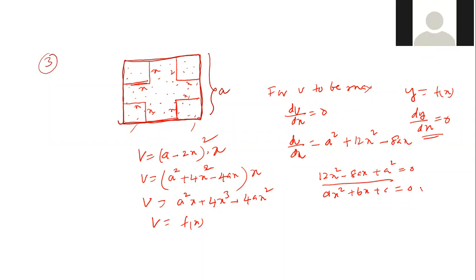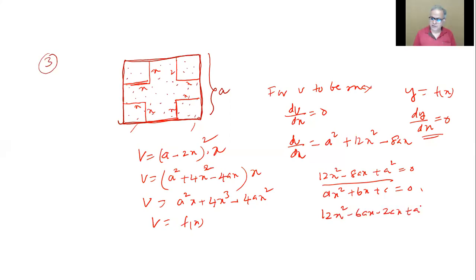So it's minus 6ax minus 2ax, that will be factorization, right? So 12x square minus 6ax minus 2ax plus a square equals 0. From there you'll get the values of x. Two values you get, and of the two values, which is the correct one? We'll see.